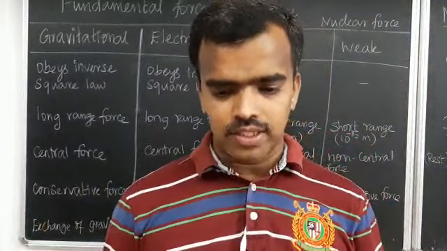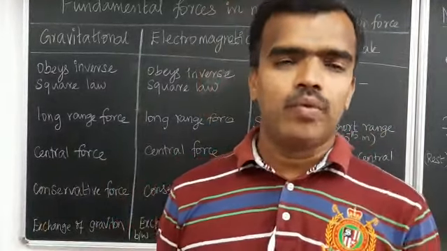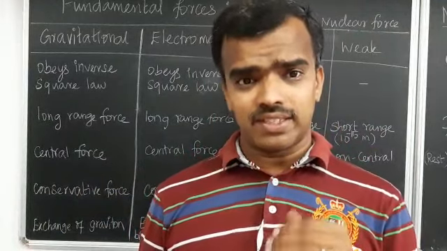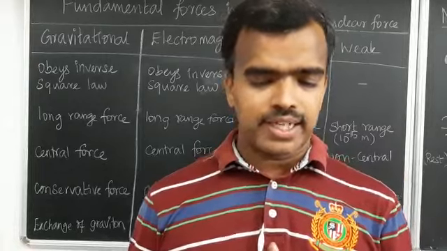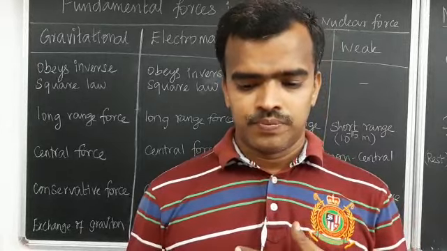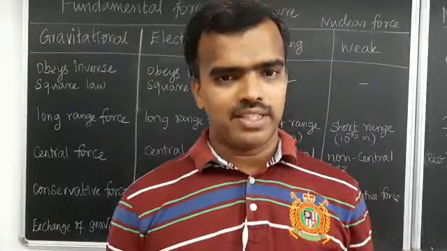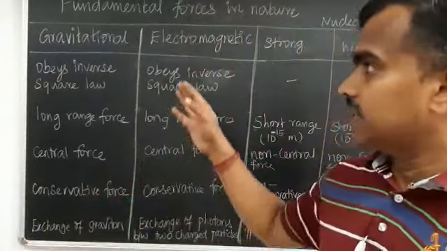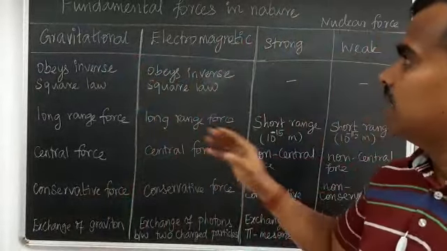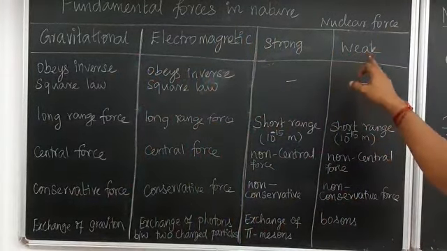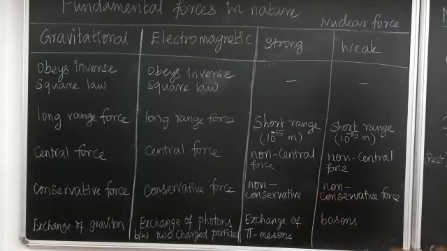So note down the definition: for a conservative force, the work done in moving a body against a gravitational force is path independent. The path is always independent for gravitational as well as electromagnetic force. But strong and weak nuclear forces are both non-conservative forces.